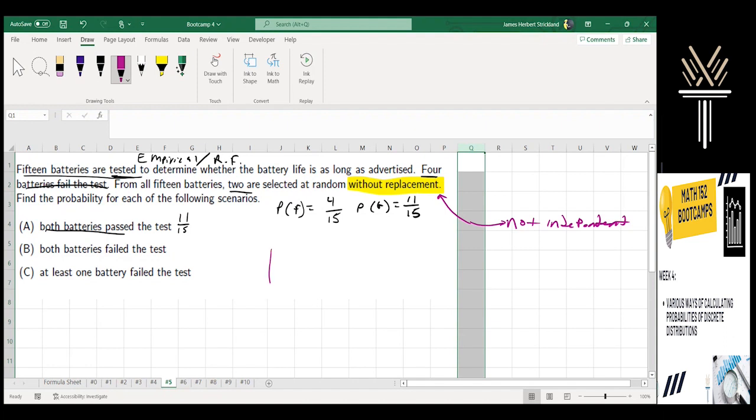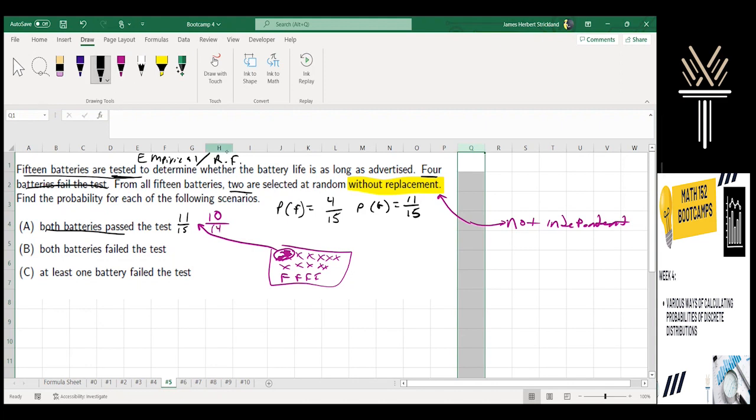So if I have 15 batteries, 11 of them are good, so I'm going to call 11 X's. And then 4 bad ones. When I pull out the first battery, there was 11 out of 15 chance that I could have that battery, but that battery is now gone. And now notice there's only 10 good batteries left. And because that 1 battery is gone, there's only 14 batteries in there.